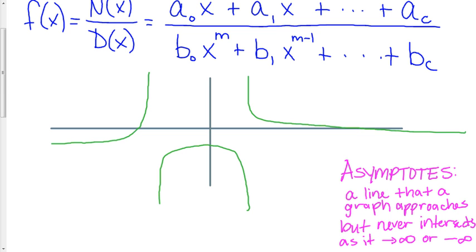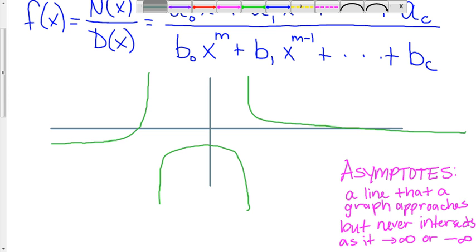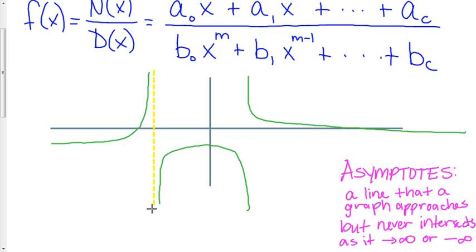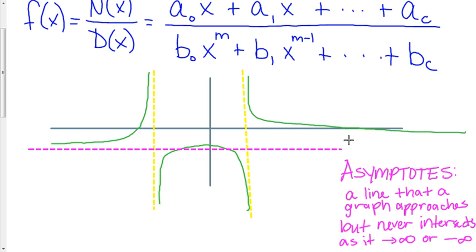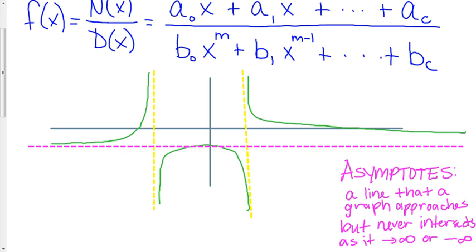So in this case, with this particular drawing, we have a vertical asymptote there and a vertical asymptote there. There is also a horizontal asymptote in here. So it looks like that.